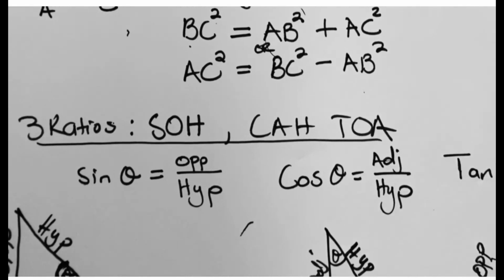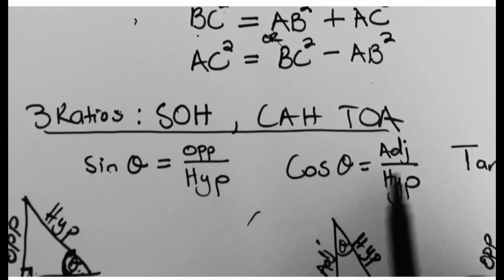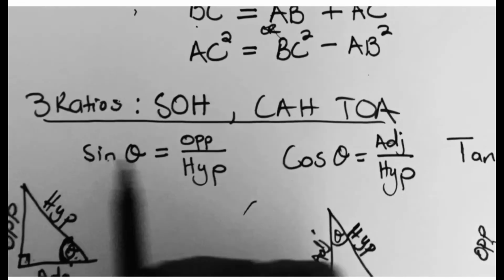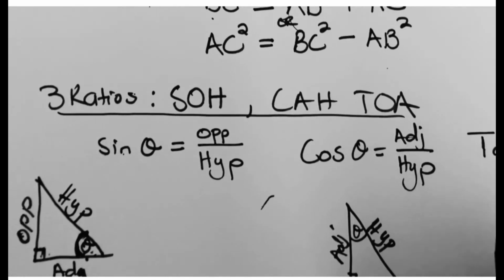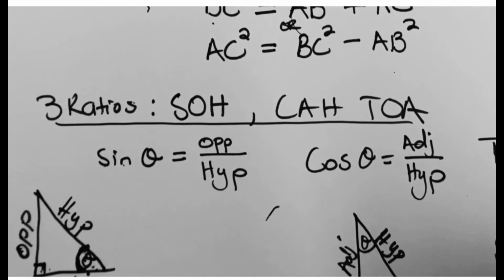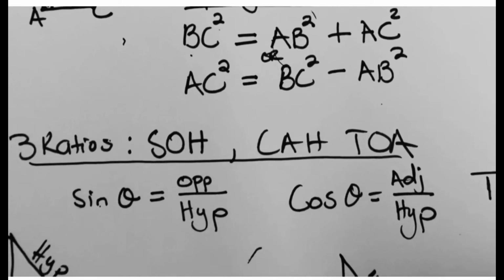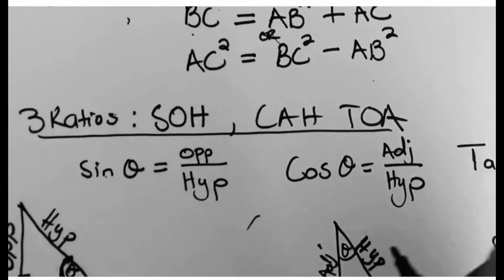I repeat, there should be an angle involved here, because the sine, cosine, and tangent ratios only work with angles. I'm emphasizing this because I have seen people making the mistake of not knowing when to use this and when not to. You only use it when there's an angle involved.